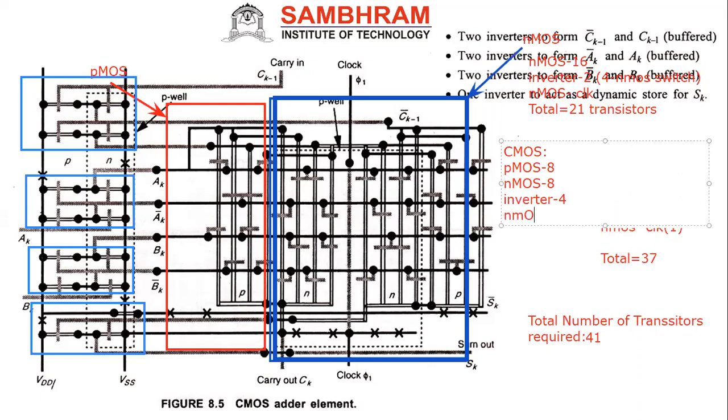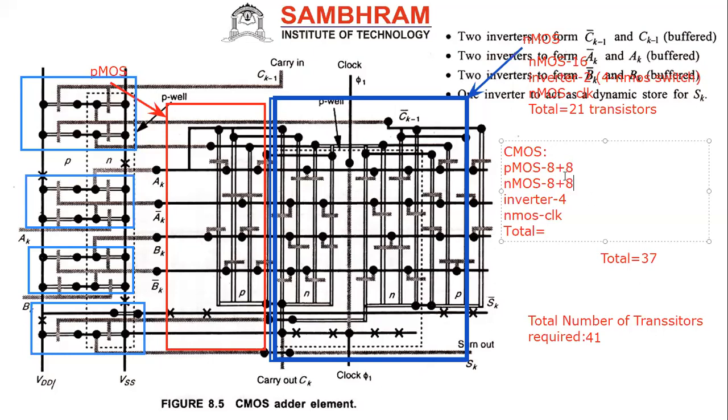Then 1 NMOS switch for the clock. Sum plus carry, 8 plus 8, and inverters 4.